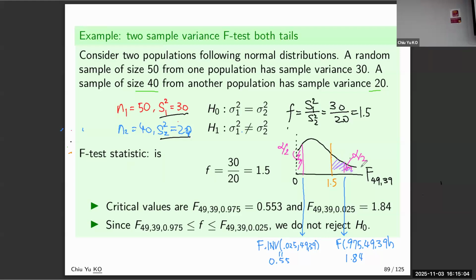Why? Because you adjust the alpha, such that the smallest alpha at which you reject, right? So just the first one you see, multiply by 2. You pick the one that is smaller, because if you pick the larger one, multiplying by 2 gives more than 1. One side must be less than 0.5, the other side must be more than 0.5. So you pick the one less than 0.5, multiply by 2.